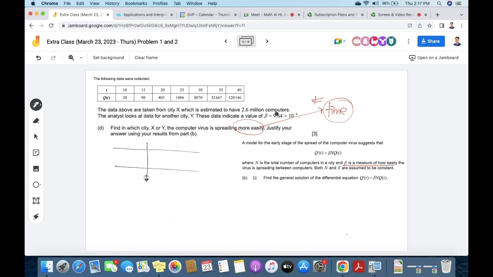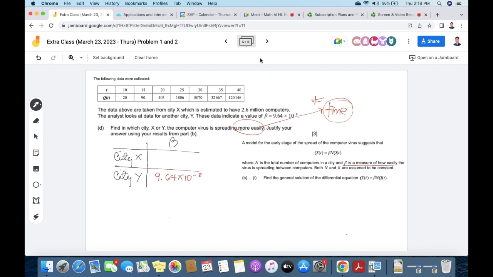This is the value of beta, this is in CTX and this is in CTY. We know already that in CTY, beta is equal to 9.64 times 10 to the power of negative 8. But we do not know the beta in CTX.